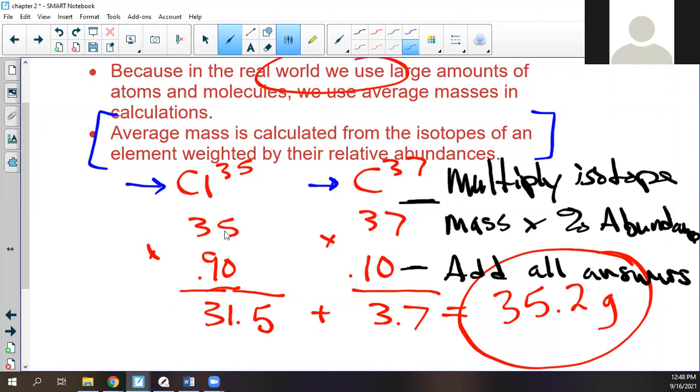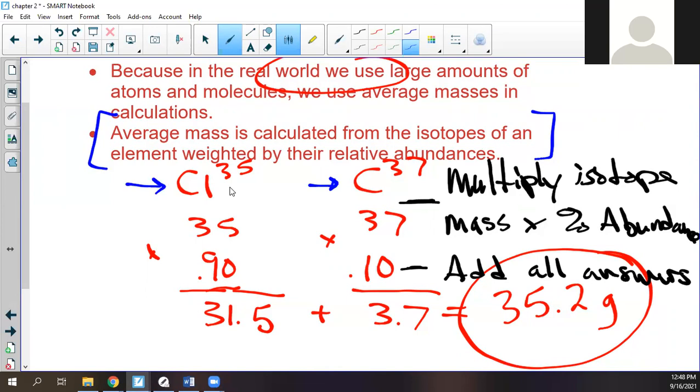From the graph, we realize that 90% of chlorine is Cl-35. So you take 35, the mass of the isotope, and multiply it by the percentage as a decimal. And we come up with 31.5. And then 37 is 10% of the sample, so we take 37 times 0.1, and then we add the two of them together.